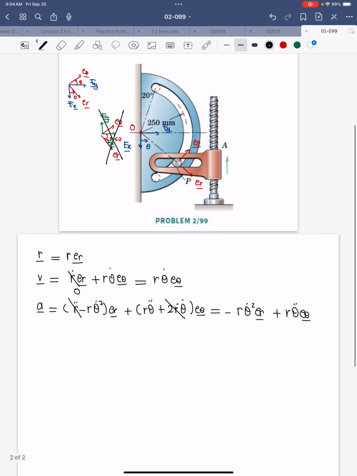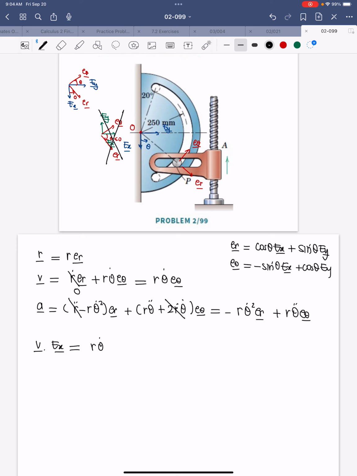So basically, I know that v dot e_x, projecting along the vertical, because remember e_x is vertically down, is r theta dot times e_theta dot e_x. Remember, e_r is cosine theta e_x plus sine theta e_y. e_theta is minus sine theta e_x plus cosine theta e_y. So e_theta dot e_x is equal to minus sine theta.